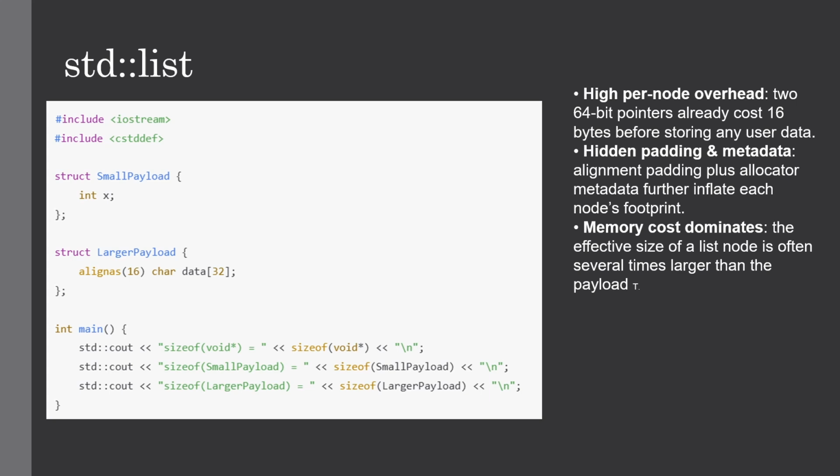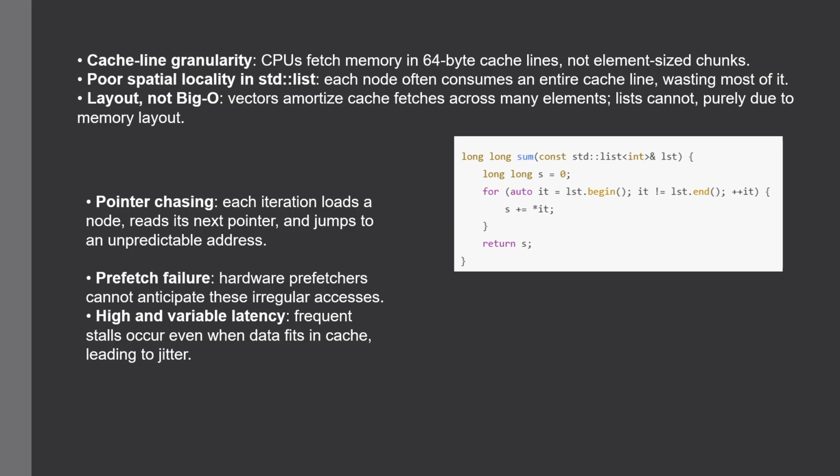This matters because modern CPUs do not fetch individual objects, they fetch cache lines. Modern x86 CPUs operate on cache lines that are typically 64 bytes wide. When the processor accesses any byte in memory, the entire cache line containing that byte is loaded into the cache hierarchy.